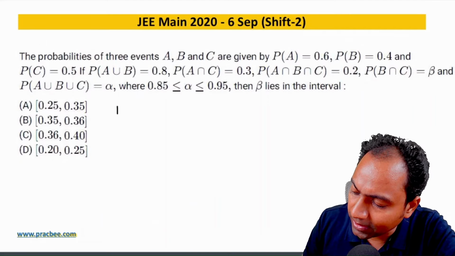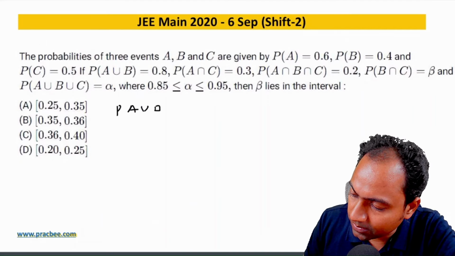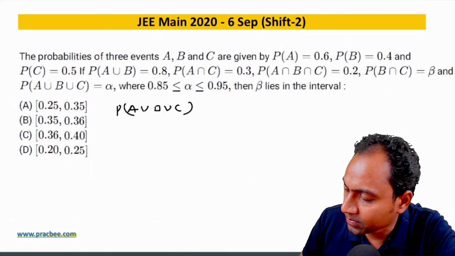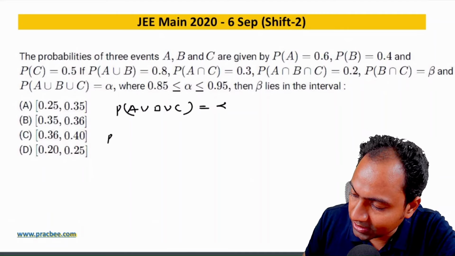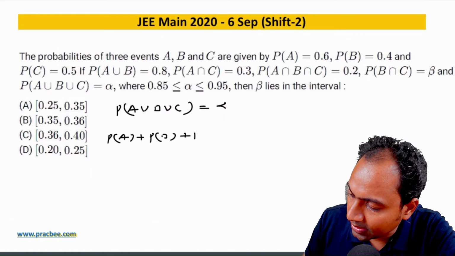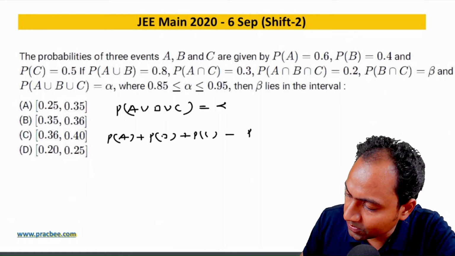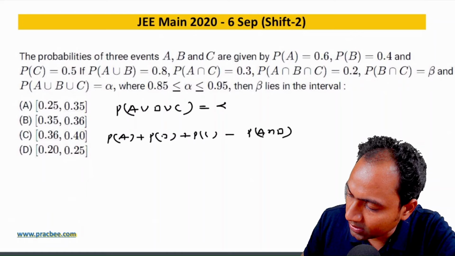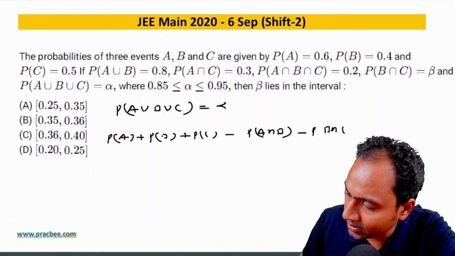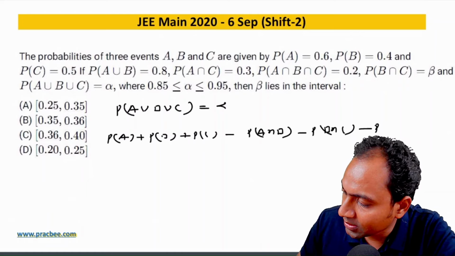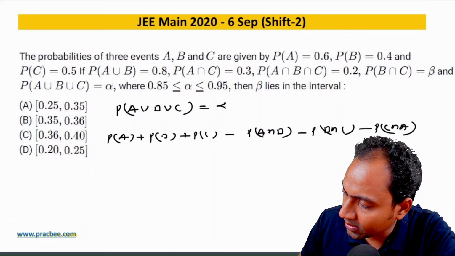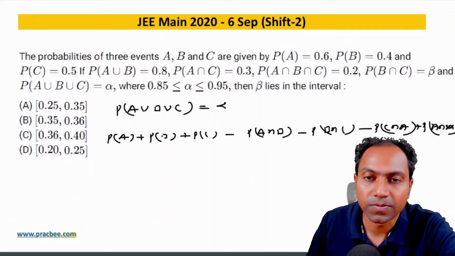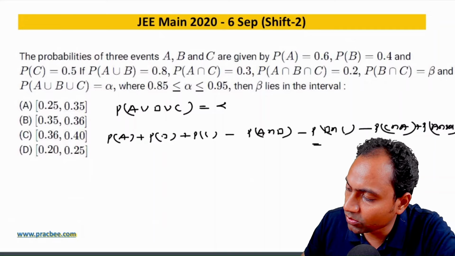You can directly apply the formula of A union B union C. This is given as alpha, and this can be written as P of A plus P of B plus P of C minus P of A intersection B minus P of B intersection C minus P of C intersection A plus P of A intersection B intersection C. This is the formula, and this is equal to alpha.